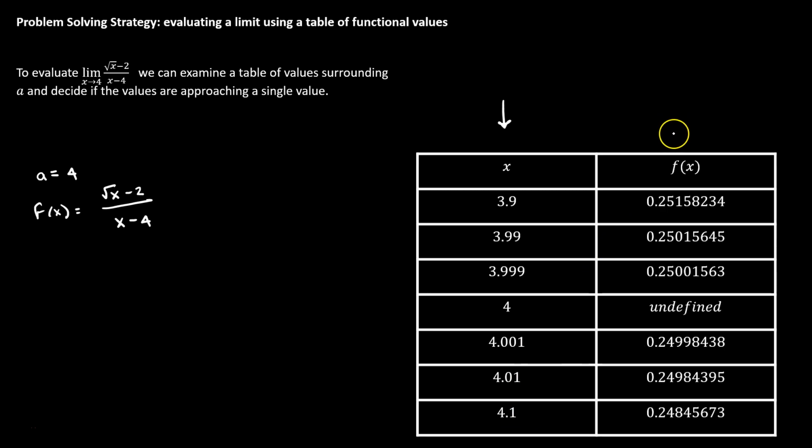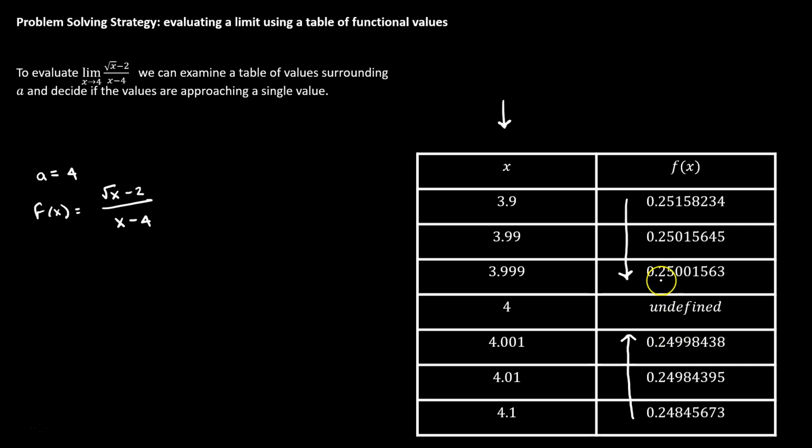We complete the table of values, and we look to see if we can notice a trend in that function value column. So as we're getting closer and closer to the middle of our table, can we see that our function output is approaching the same value? 0.24998438, that's really close to 0.25.